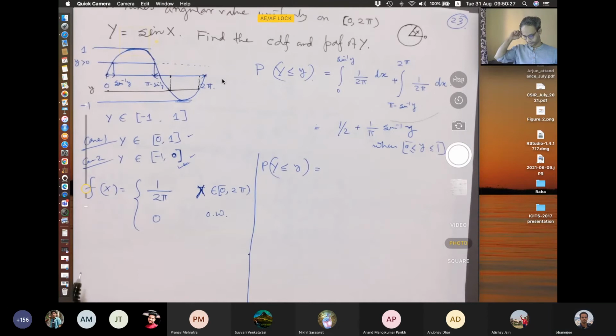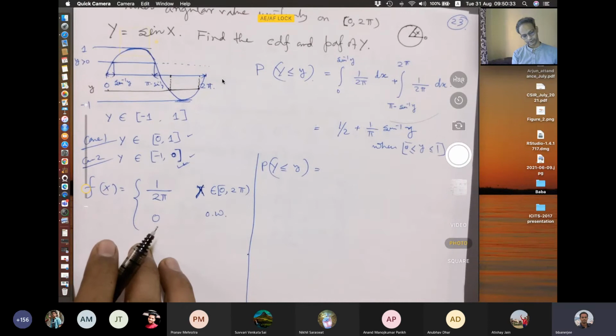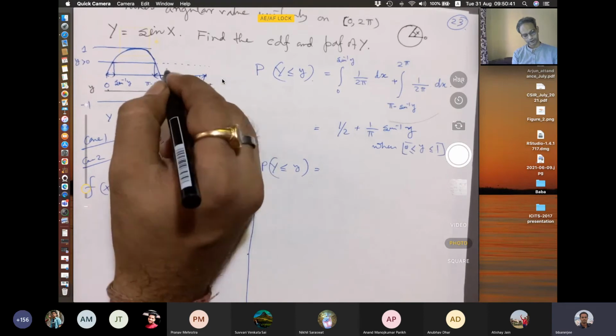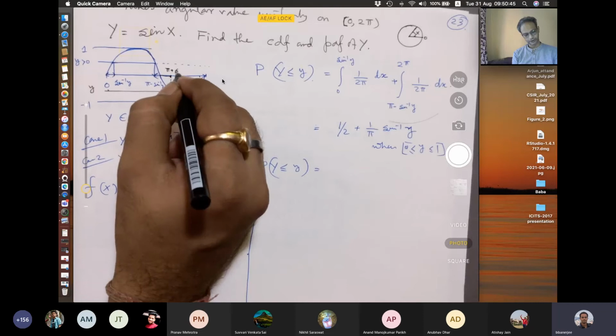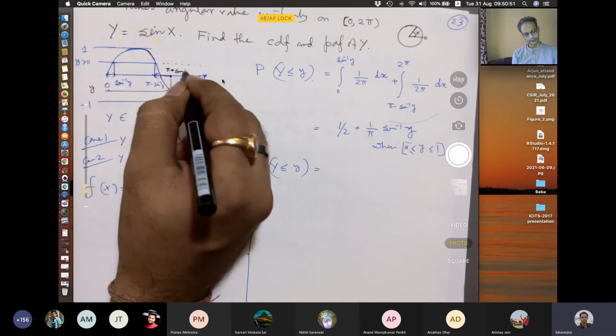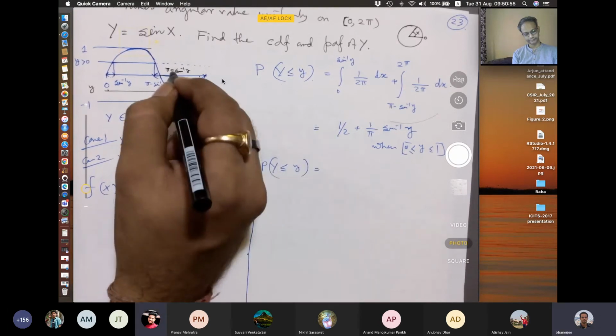Pi plus sine inverse mod y and 2 pi minus sine inverse mod y. So this one you can also write as pi minus sine inverse y. Will it be okay? Yes, sir.